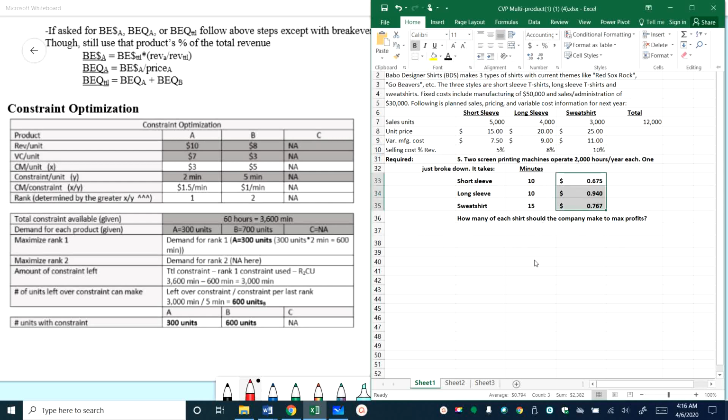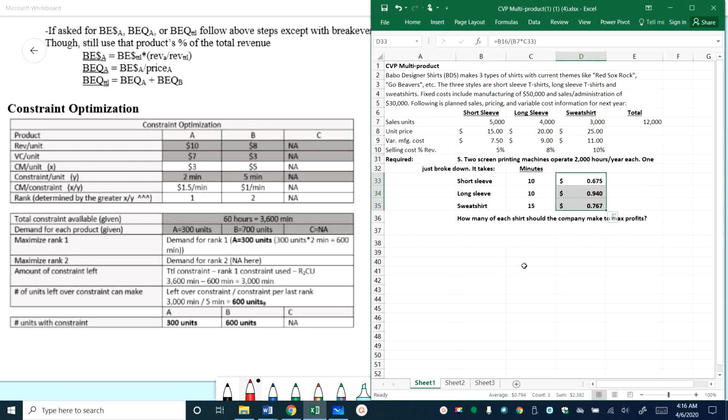And the way we did this is, say for the short sleeves, they give you $15 in profit. So they give you $15, but for the contribution margin, you have to take out these costs. So you have to take out the $7.50, and you also have to take out this percent of revenue because that's a variable cost.